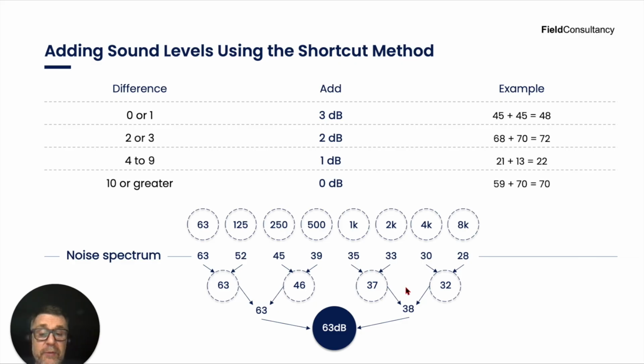You do the same for the resulting additions here, where we have 37 dB plus 32 dB, which is a 5 difference. When you have 5 difference between sound pressure levels, you add 1 dB to the highest sound pressure level. So that is 38 dB. And finally, to get the overall sound pressure level from the octave bands, you add that 63 dB to the 38 dB. And in this case, that's more than 10 difference. So the overall sound pressure level is 63 dB.